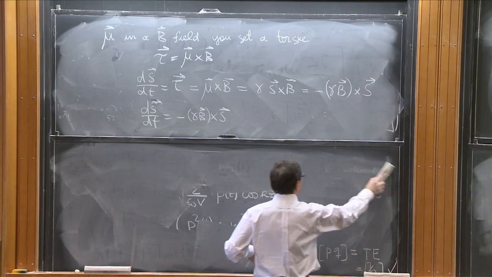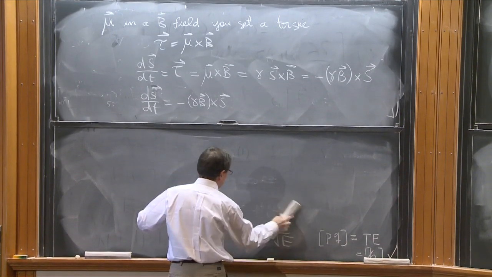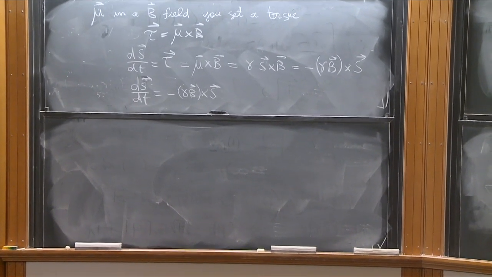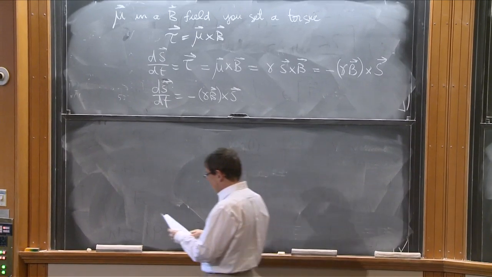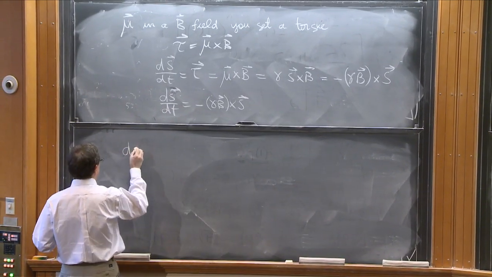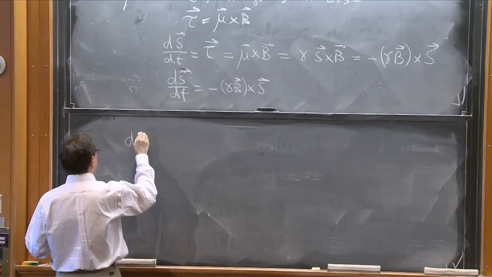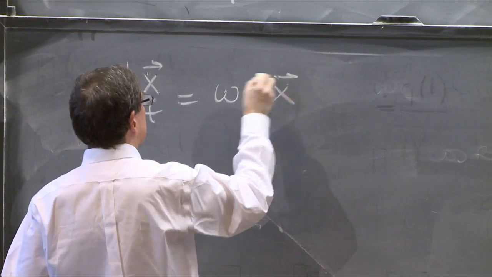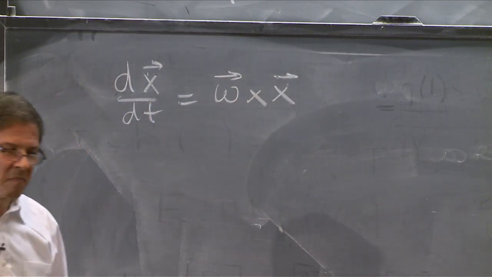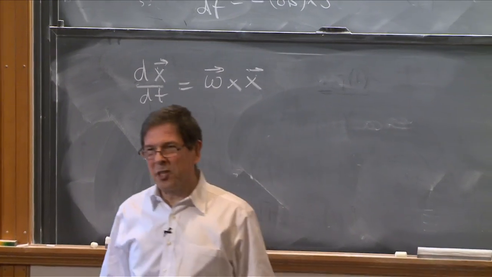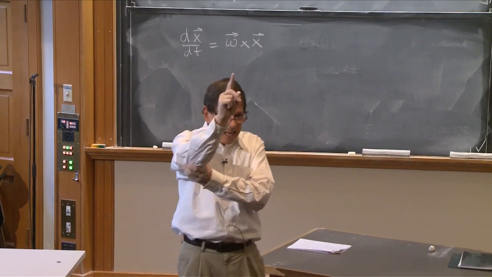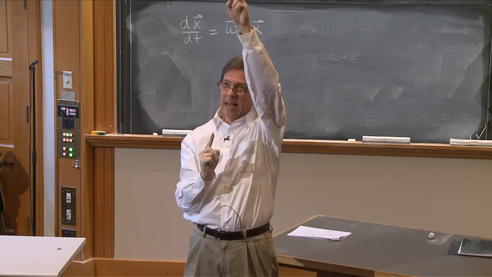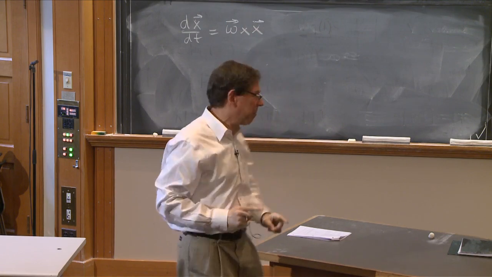And it is the equation for a rotating vector. If you have a vector x, dx/dt is omega cross x. This is the equation satisfied by a vector x that is rotating with angular frequency omega around the axis defined by the vector omega.